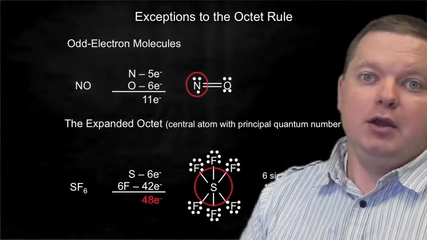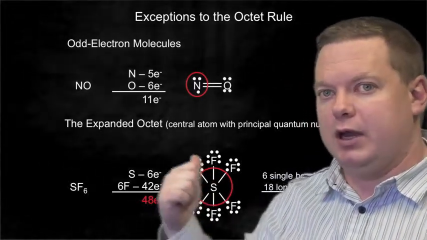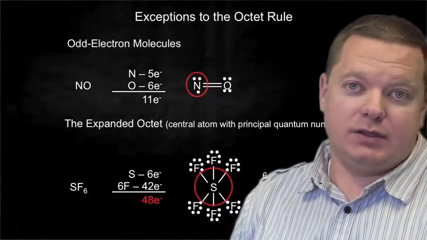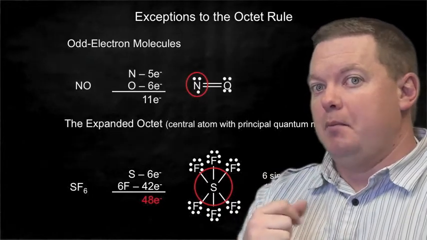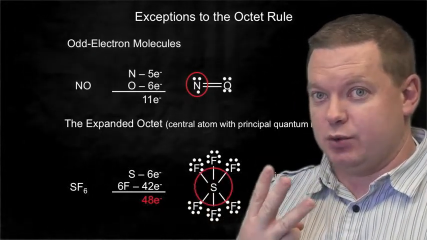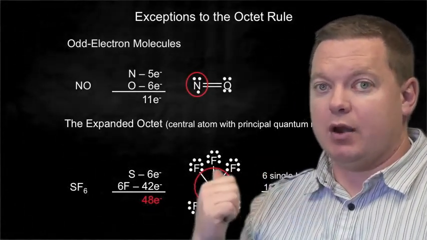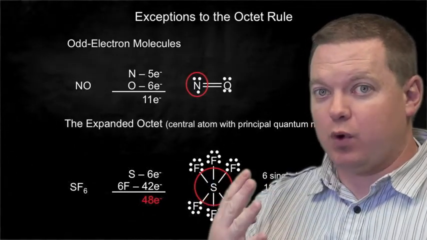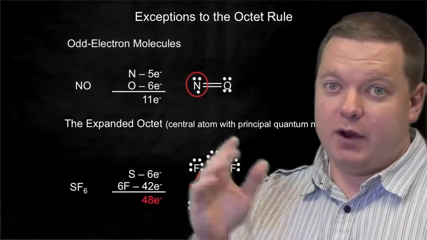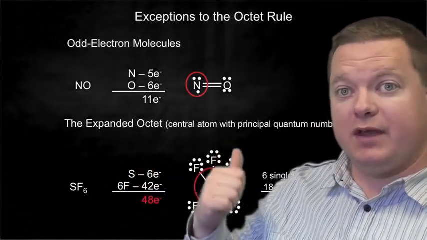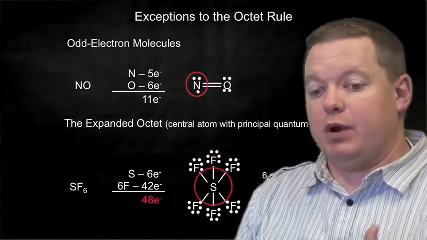It's not the 8. But if you look at the formal charge here, we take the total number of valence electrons, which is 5 for nitrogen, minus the lone pair electrons, which is 3, minus what it's sharing, which is 4. 1/2 of 4 is 2. 3 plus 2 is 5. 5 minus 5 is 0. So this gives us a formal charge of 0 as well.